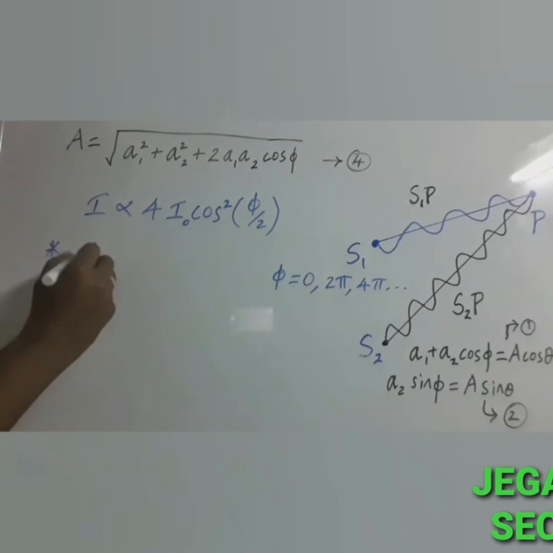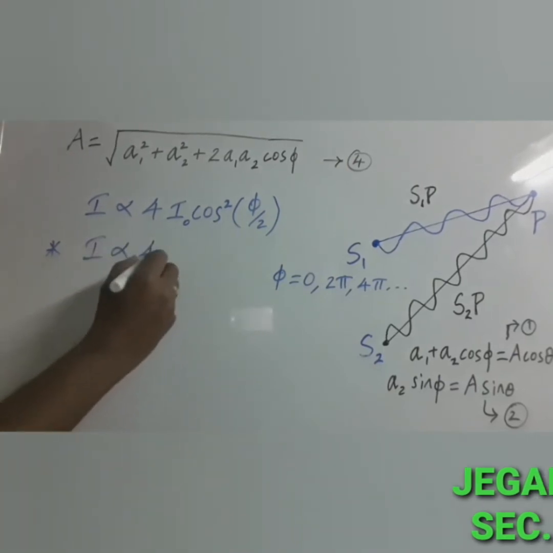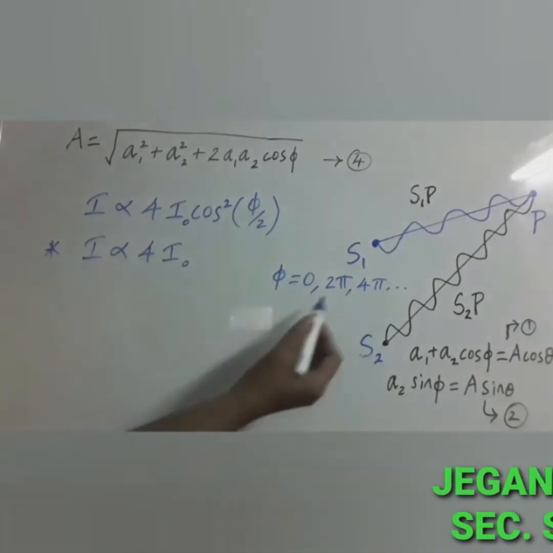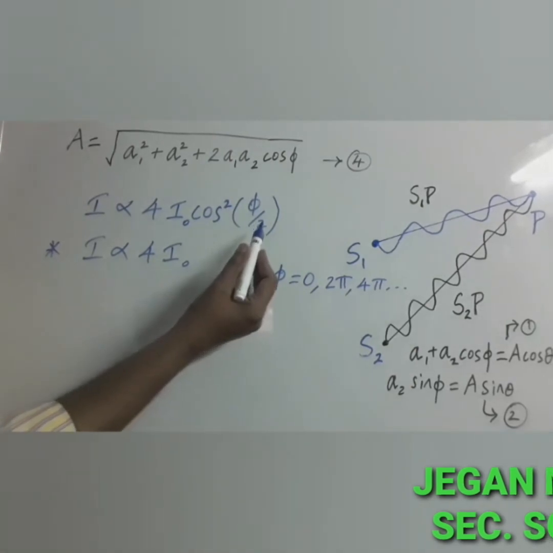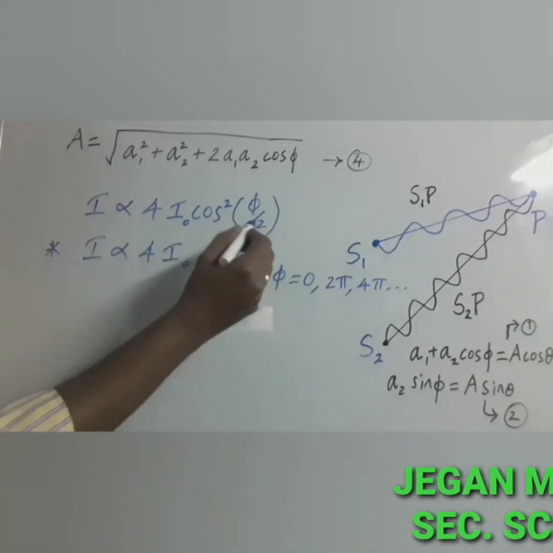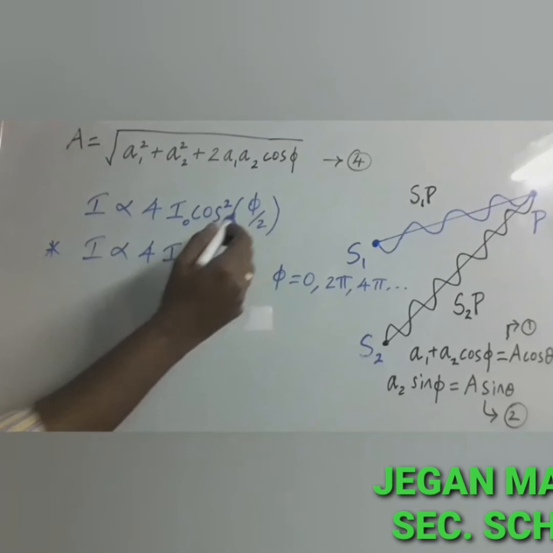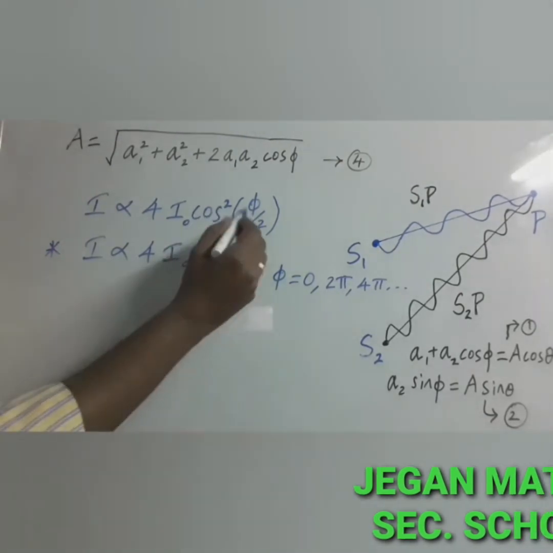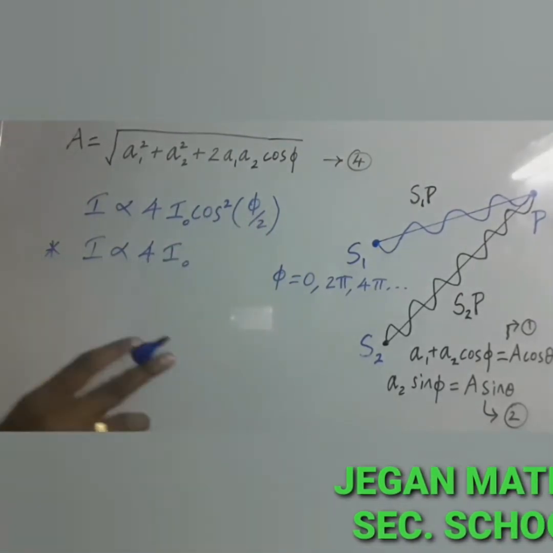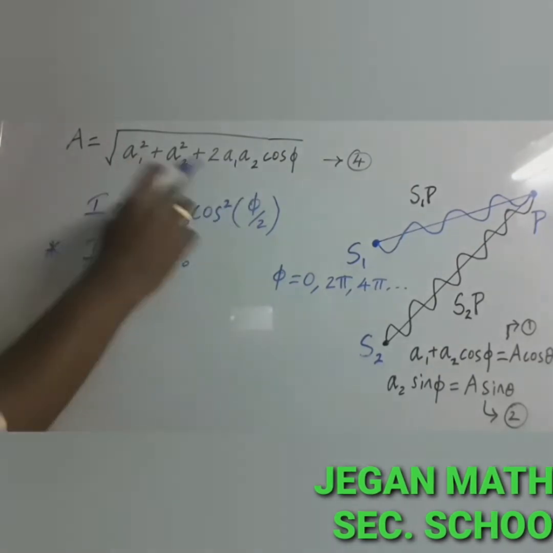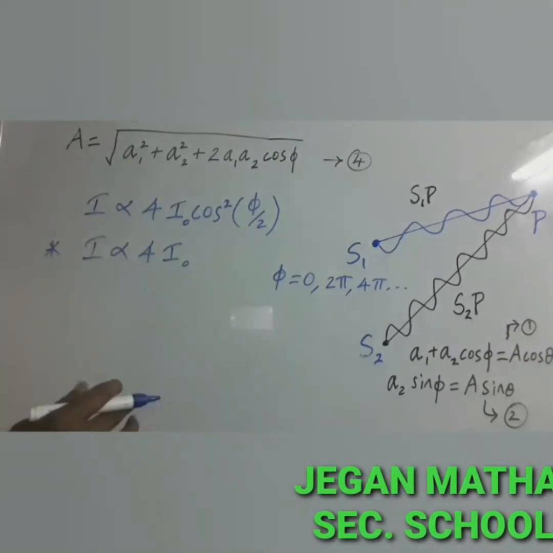So you get the maximum intensity I directly proportional to 4 I naught. Likewise 2 pi can be substituted there, 2 pi divided by 2, the 2 will be cancelled. Actually cos square pi will be there, which is equal to minus 1 square. Then also you can get the maximum intensity.